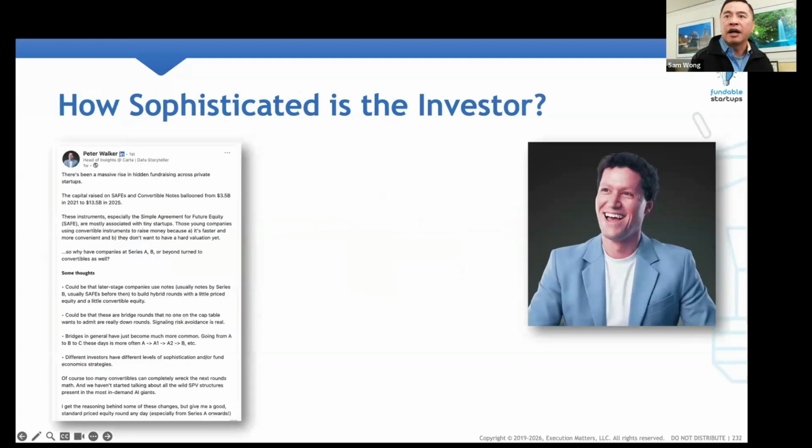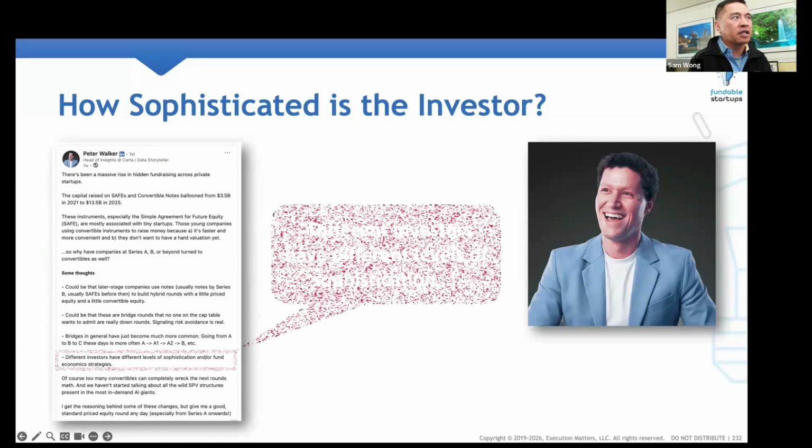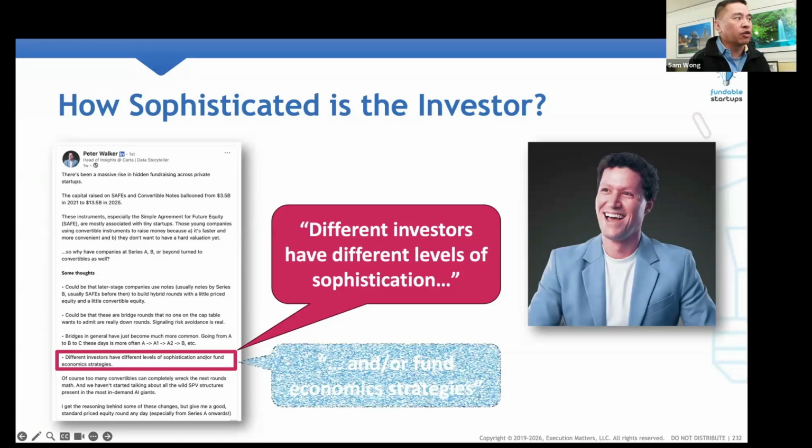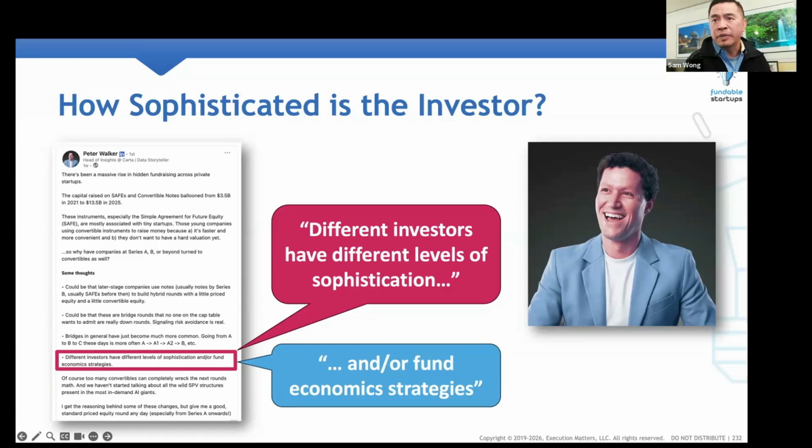I think, unfortunately, in the same post from Peter Walker, he talks about how different investors have different levels of sophistication, and fund or economic strategies. Most people just want to get the deal done, which is why they use a safe, because it's quick and easy.